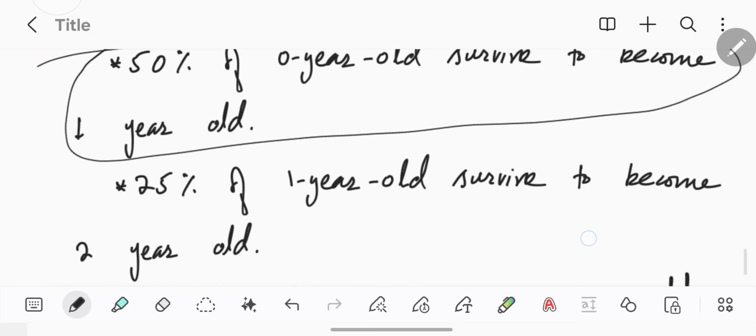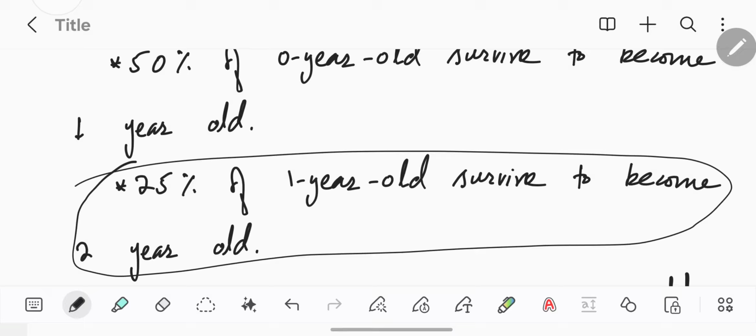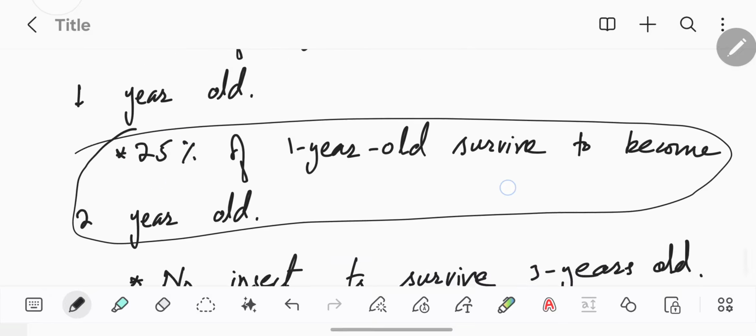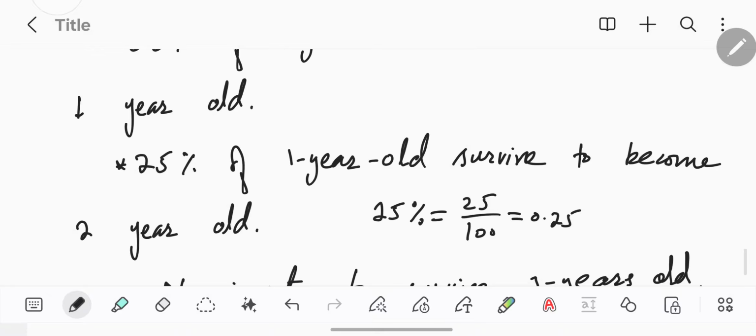Then I will put this information in the last row. 25% means 0.25, because 25% can be written as 25 by 100, which is 0.25. So 0.25 of 1 year olds will go to 2 years.